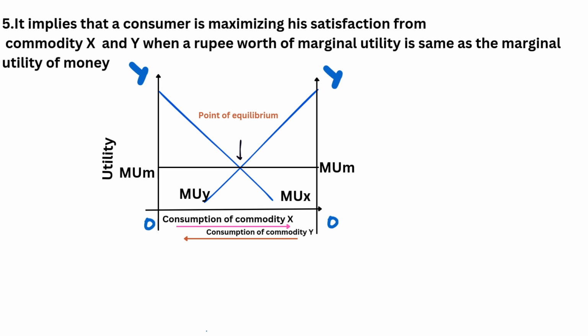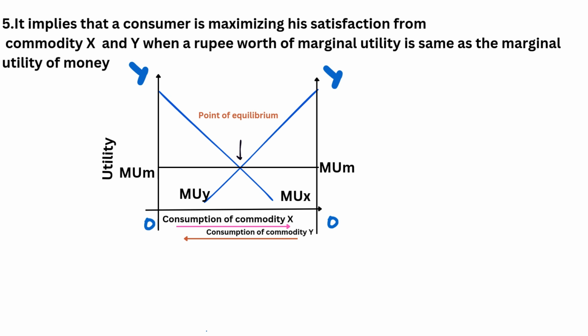Now we will make the diagram. So learners, make diagrams as it is shown here. Write MUX on the left hand side as well as right hand side. Write utility, draw MUM, and then MUX, MUY.